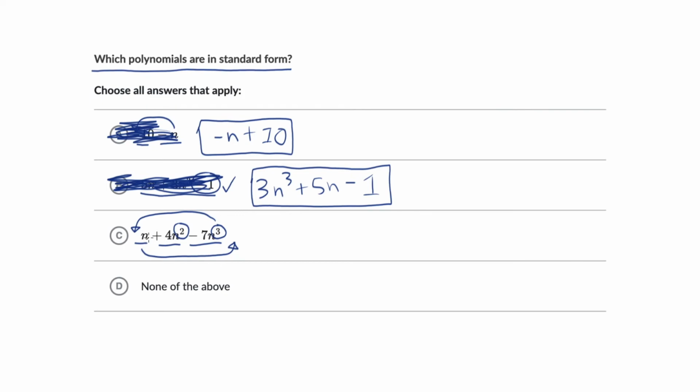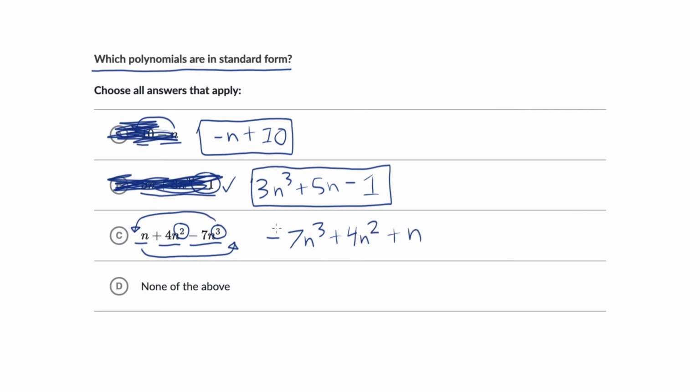So let's rewrite this to see what the true standard form of this polynomial is. It's going to be negative, whoops, I did a little oopsie. It's going to be negative 7n to the third plus 4n squared plus n, okay?